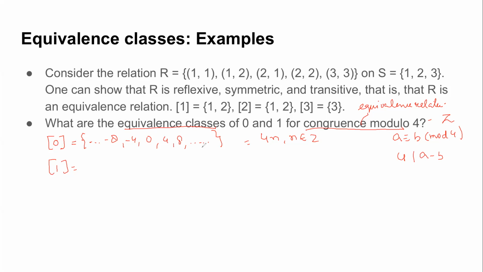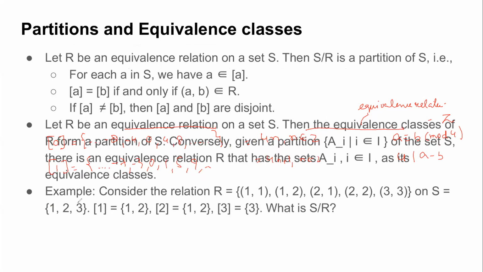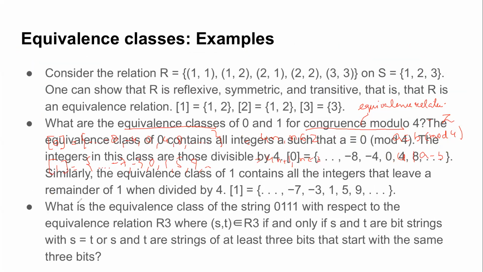Okay, so what we have is 4n plus 1 where n is in integers, and if you look at it in this manner, it's minus 7, minus 3, 1, 5, and so on. So on the positive side, you have a plus 1, and here you get a minus 1, right? Okay, great. So let us see this last example, and then we can move further.